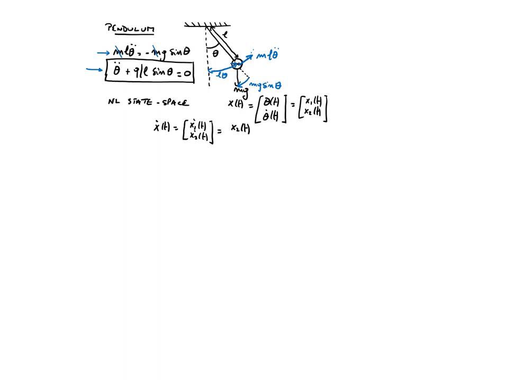And the second equation, x2 dot, that's theta double dot, well, that's minus g over L sine theta, and theta is the first state variable, so we have this thing over here, right? And this is h, the first relation is h1 of x1 x2, there is no input over here, and this is h2 of x1 x2.